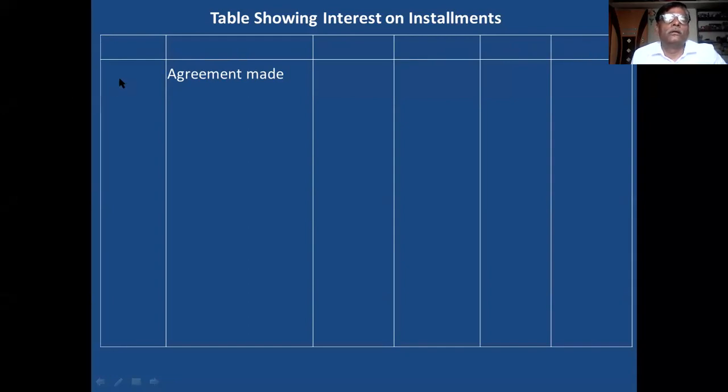You write the headings. In the first year, the agreement, date is not given in the problem.